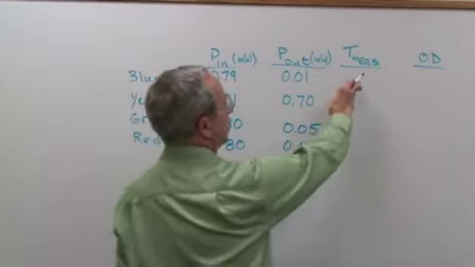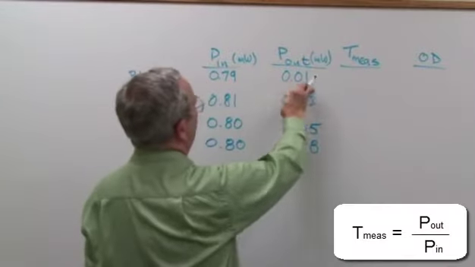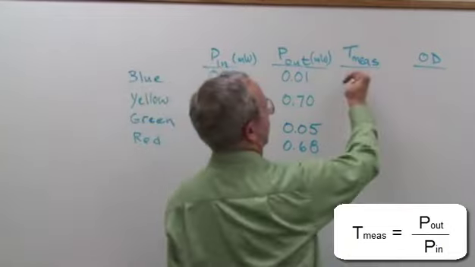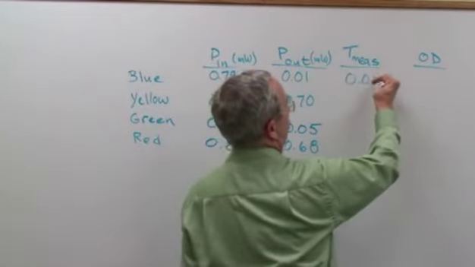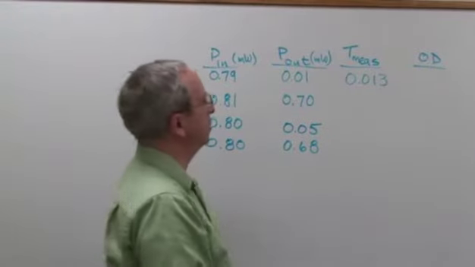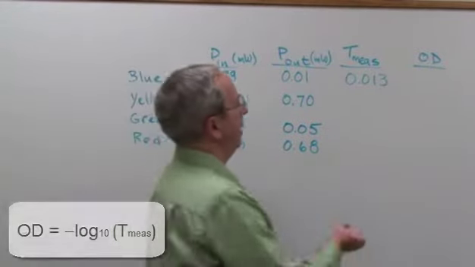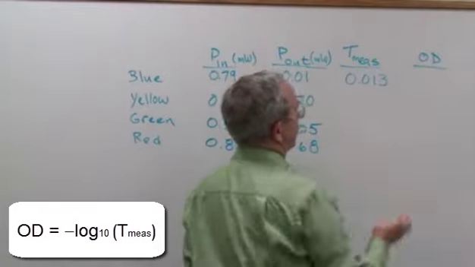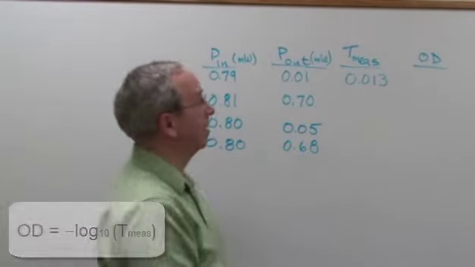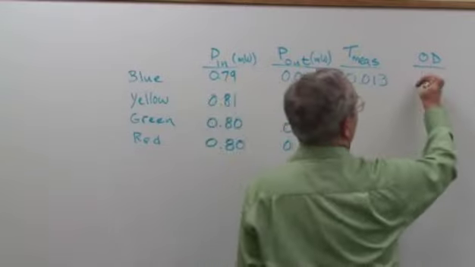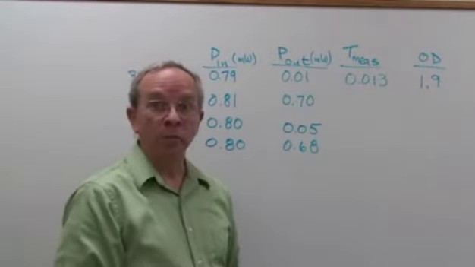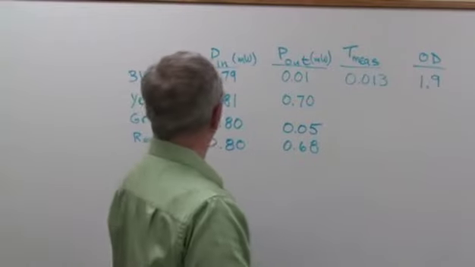The transmittance would be the power out divided by the power in, and that calculation would give us 0.013, or 1.3% transmittance, not very much. And the OD calculation would be the negative of the log base 10 of that number, which would come out to be 1.9. Very good for blocking red helium neon laser light.